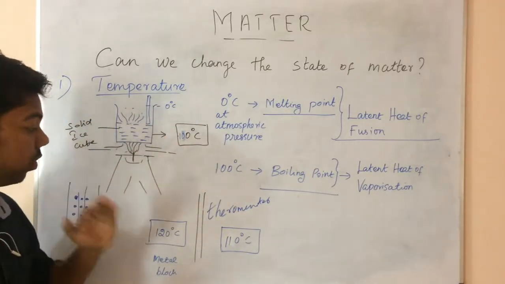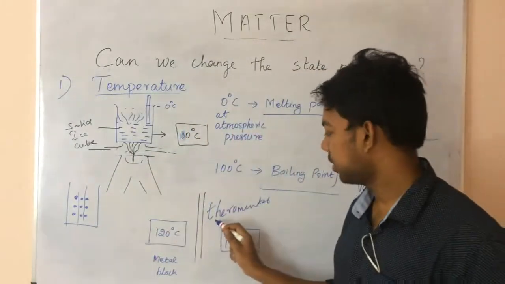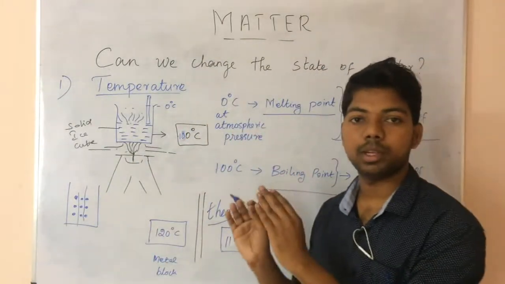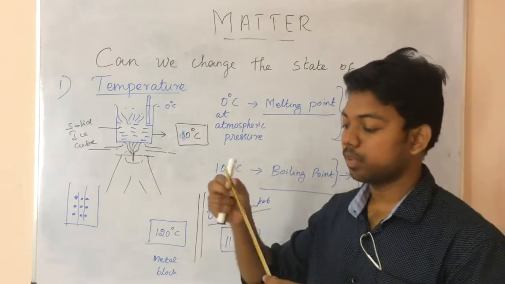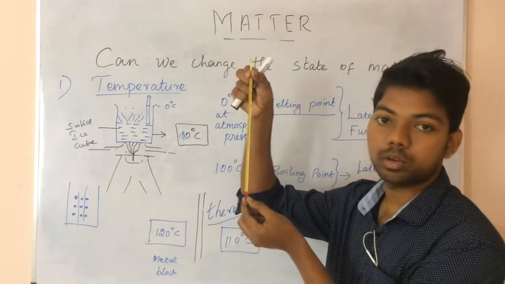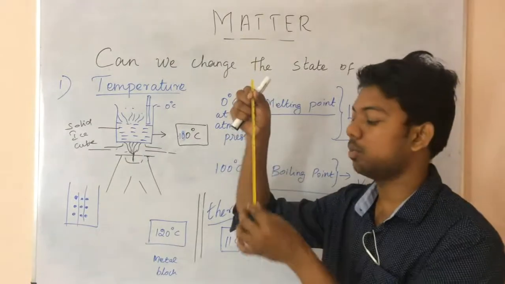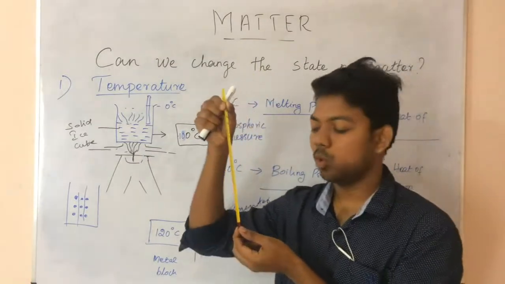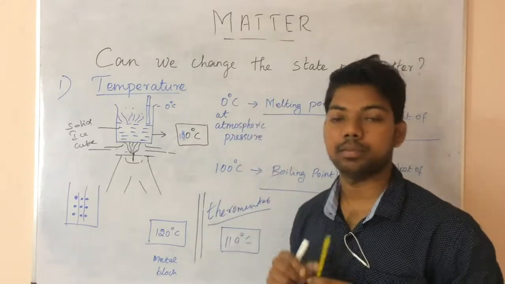And how can we measure temperature? What is a thermometer and how does the thermometer work? Now I have a thermometer. Here I am using liquid alcohol. Nowadays you can see more thermometers with mercury. Why are we using this type of liquid in a thermometer?